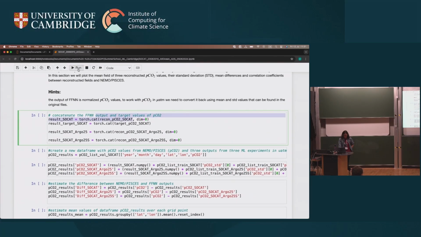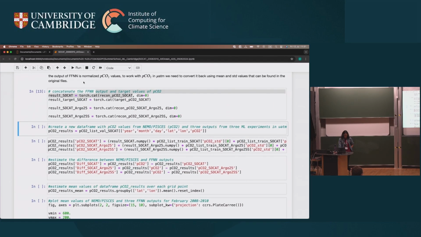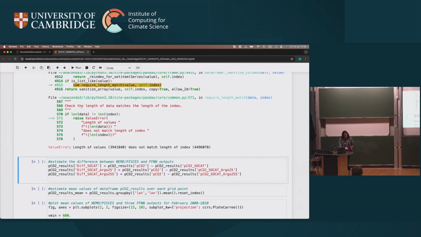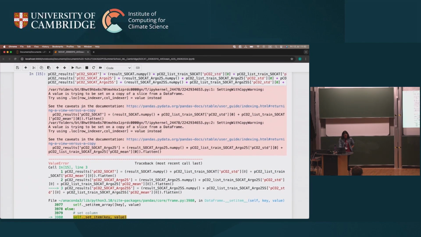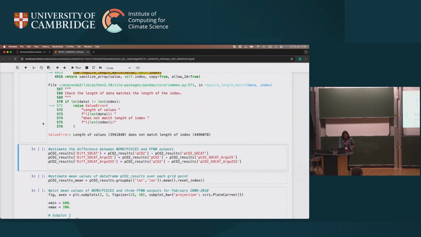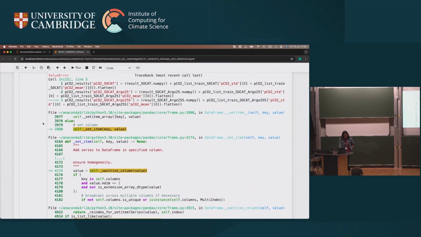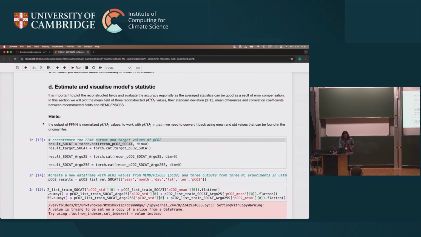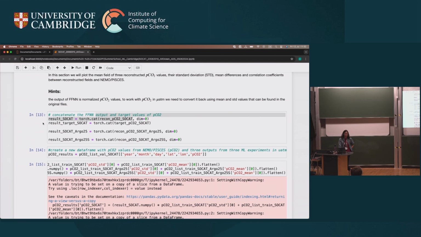Okay, so let's download the data. You just go through all these cells.